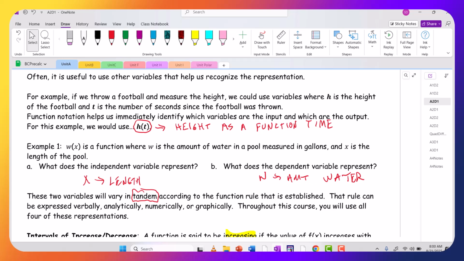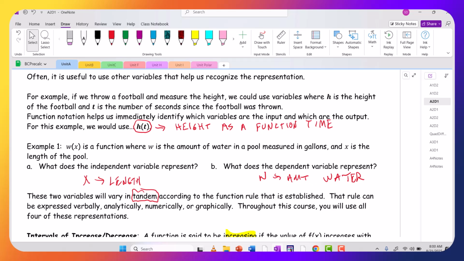So here we go. I'm going to give you a functional statement. The height of the ball, when I'm looking at that ball, like I'm over here and someone throws it and I see it fly through the air. How high the ball is depends upon the time that I look at it.